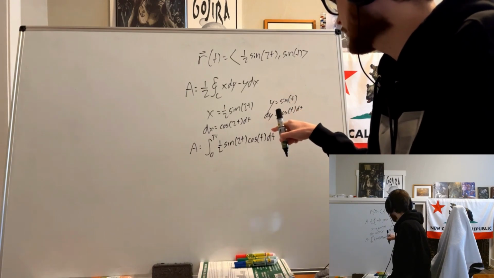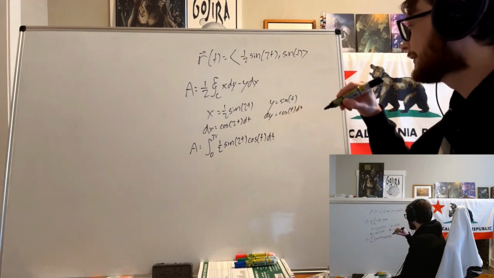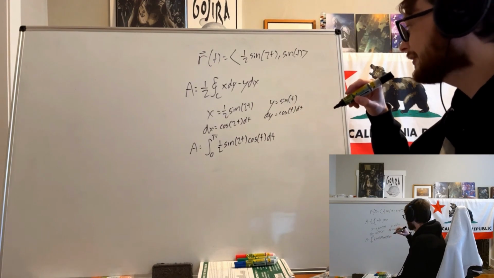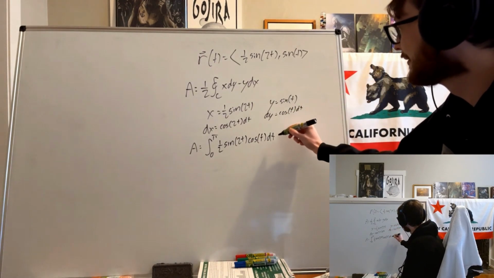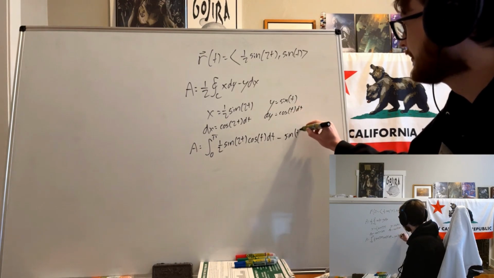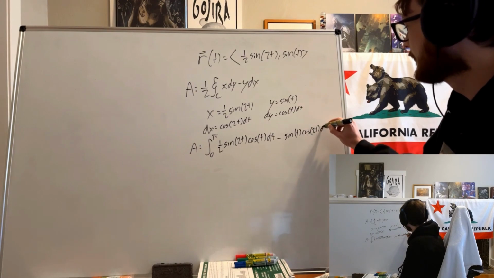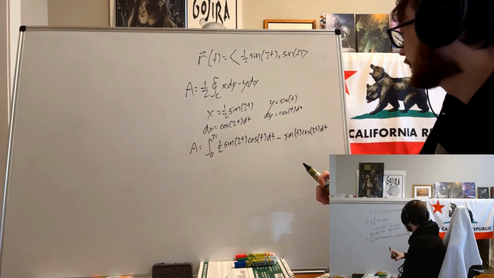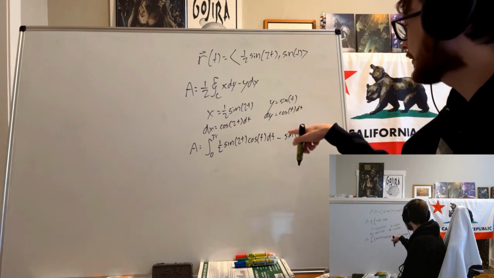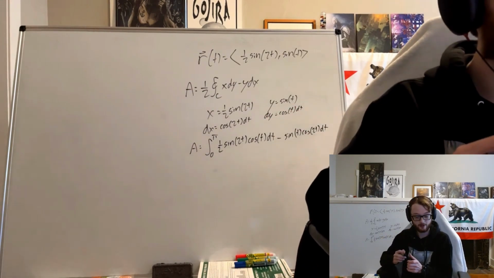Is that going to be annoying? Wait, you're going to have to half angle? That's annoying. Is this some kind of identity though? Like, could you say this is... No, this is an identity here.